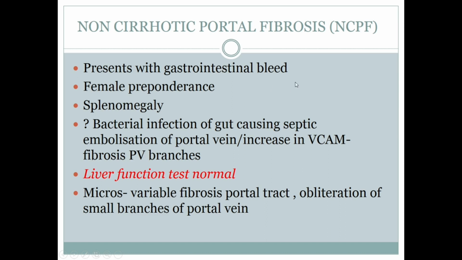It presents with GI bleed, there's female preponderance, splenomegaly may be there, and maybe because of bacterial infection of the gut causing septic embolization of the portal vein. Okay, and fibrosis of the portal vein branches happen. The liver function test will be normal. Microscopically, there will be variable fibrosis of the portal tract, obliteration of the small branches of portal vein. So there can be portal hypertension because of non-cirrhosis as well.